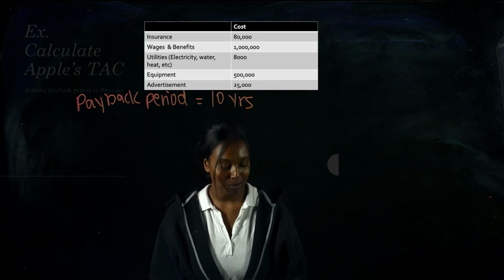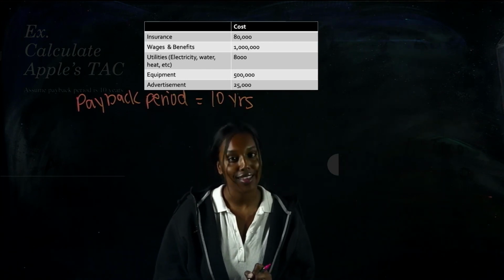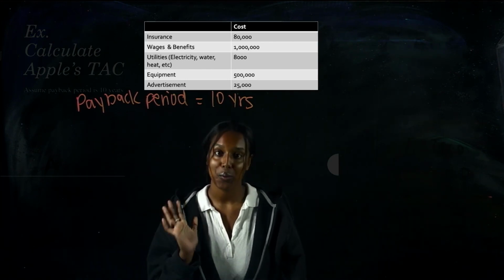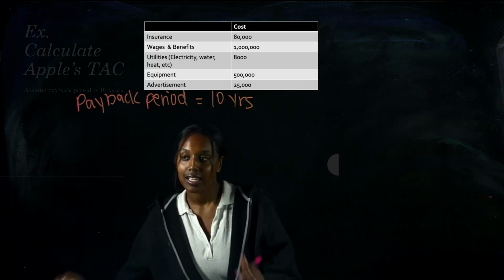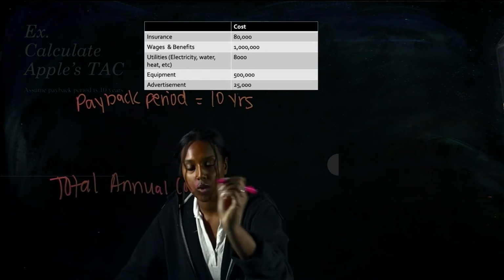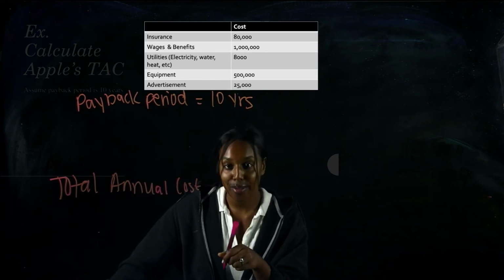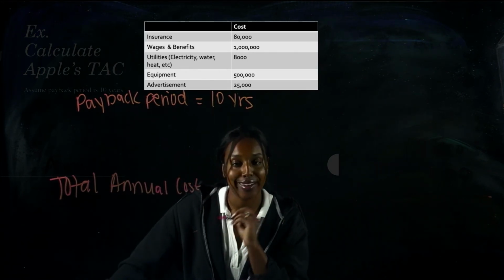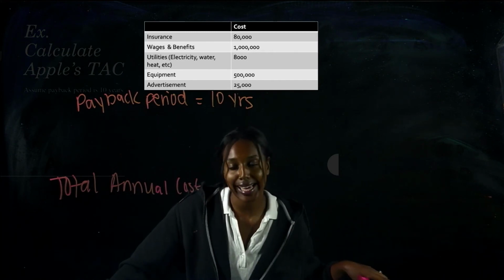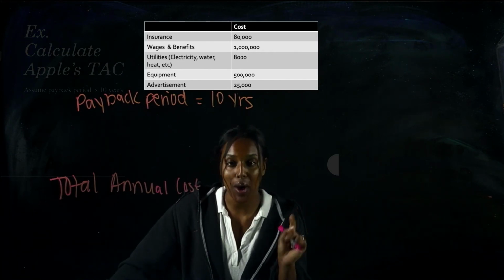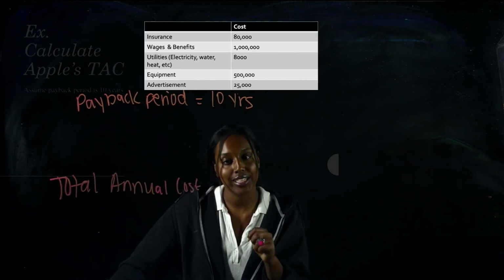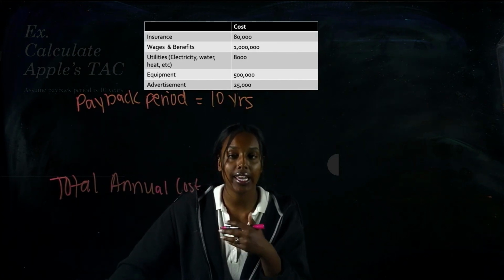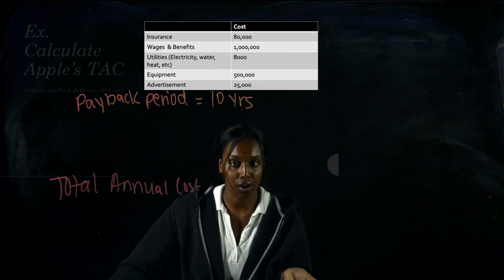I hope that helped, but I'm very confident that you guys will be able to determine which are annual costs and which are upfront costs. Oh, and another thing I want you guys to do, sorry, I forgot to mention, before looking at the solution, I want you guys to pause the video and try to do it by yourself first. And then you can see if you guys got the same number and look to see where you might have gone wrong if you didn't.